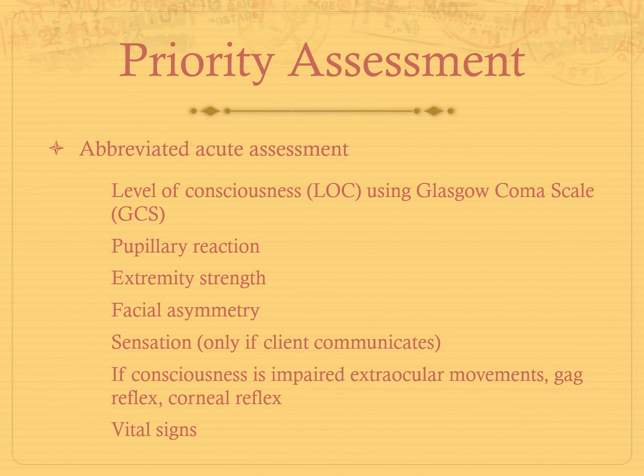Sensation. If the patient's awake and able to communicate, we're assessing sensation by lightly touching both sides of the body and asking if it feels the same on both sides, so the arms, the legs, and the face. Patients may report numbness, tingling, burning, or decreased sensation. We're always comparing side to side.